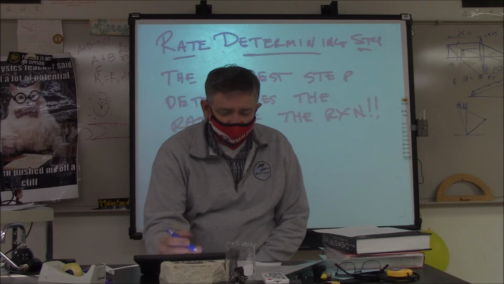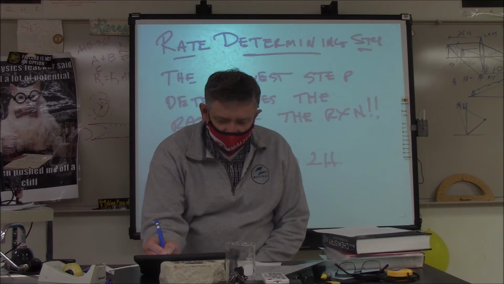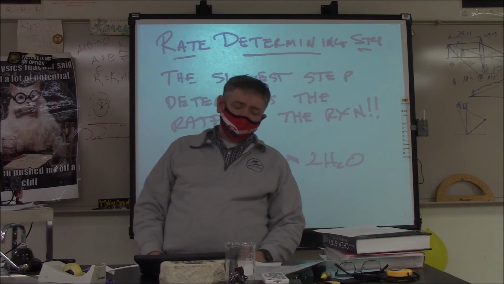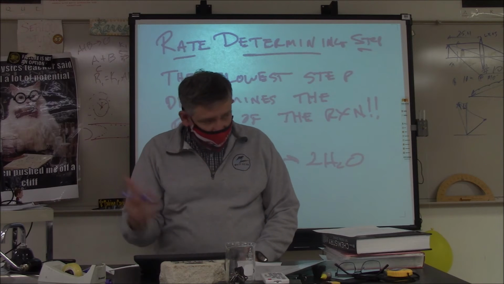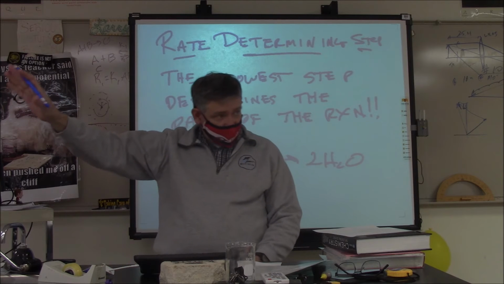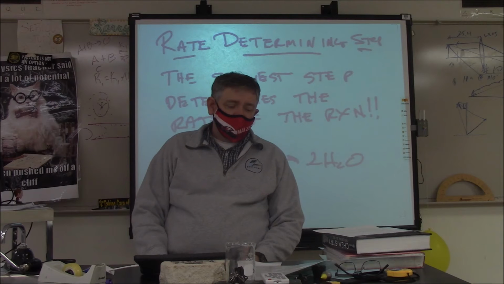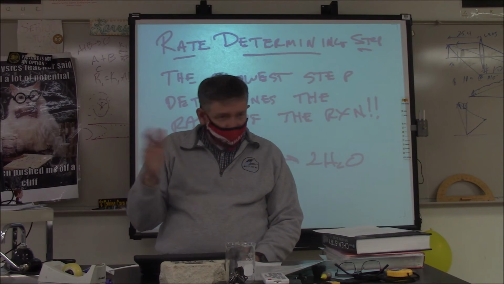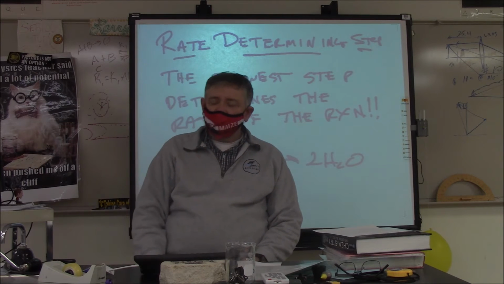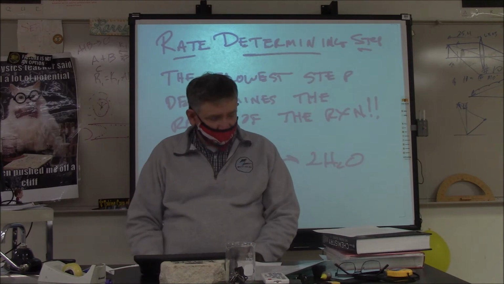You're used to saying, oh, hydrogen combines with oxygen and we get water. Boom, that's it, one step. But a lot of times when you get into more complex reactions, like the lab you're going to do on Monday with acetone, iodine and hydrochloric acid, that's a very complex reaction that involves some hidden steps. We write it as one reaction, but in reality, we know there are other things happening.